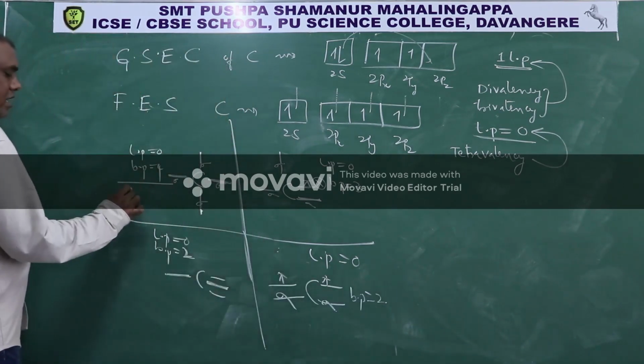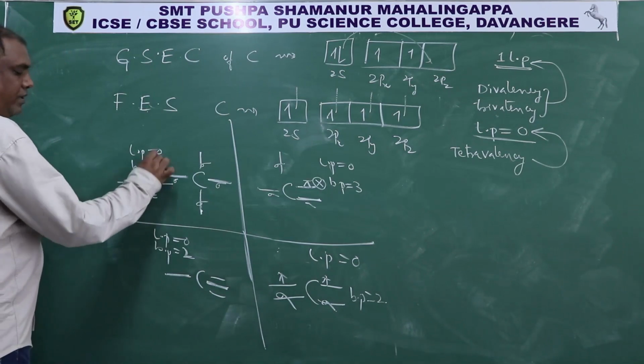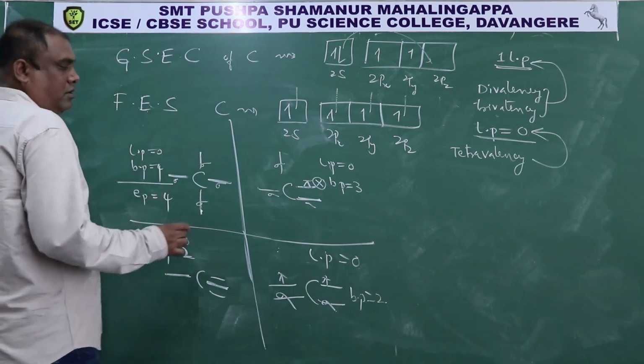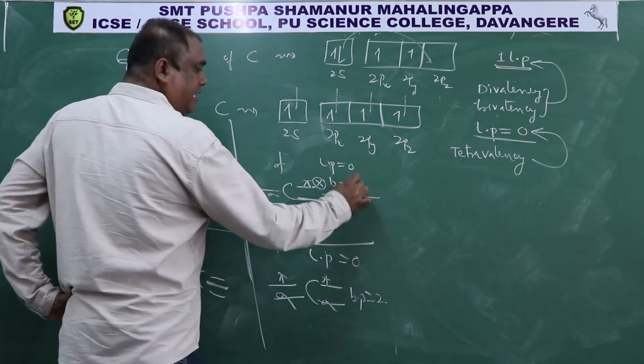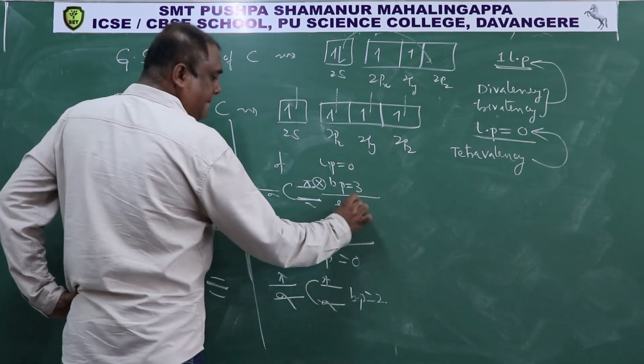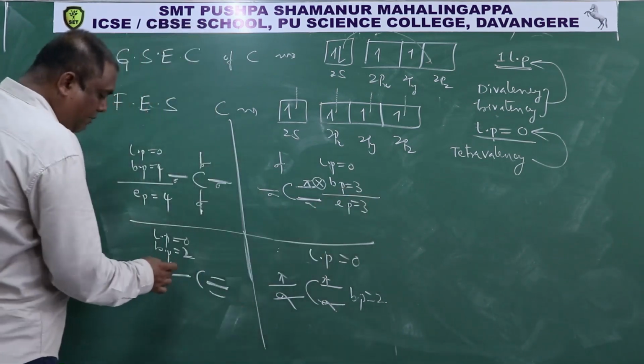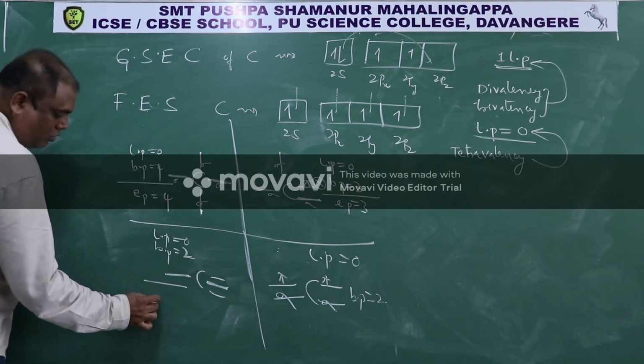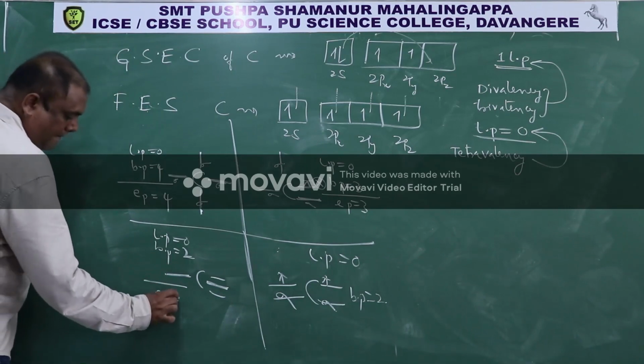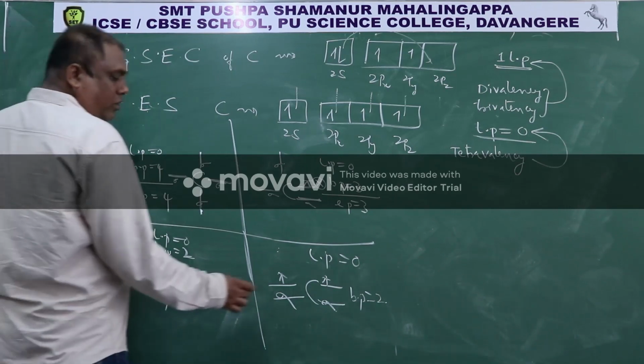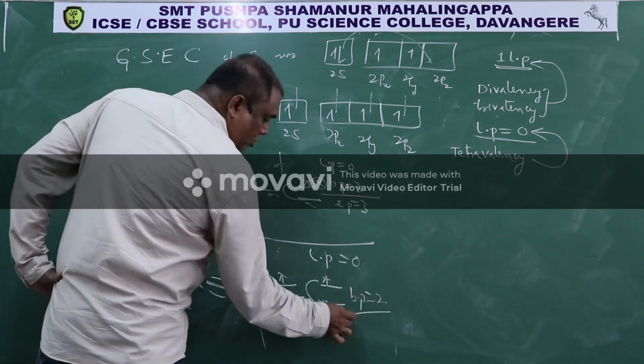Here total number of electron pairs 4 plus 0, 4. Total number of electron pairs 3 plus 0, 3. Here total number of electron pairs 2 plus 0, 2. Here total number of electron pairs 2 plus 0, 2.